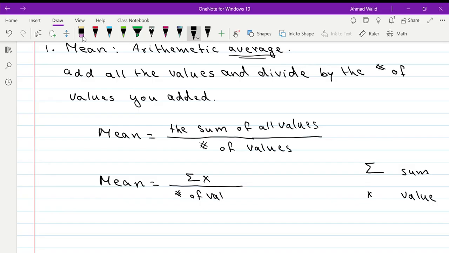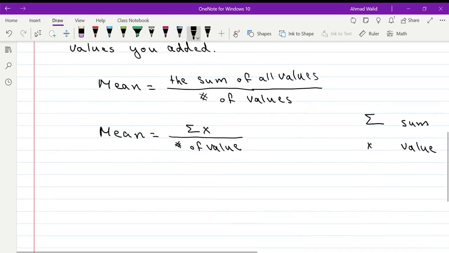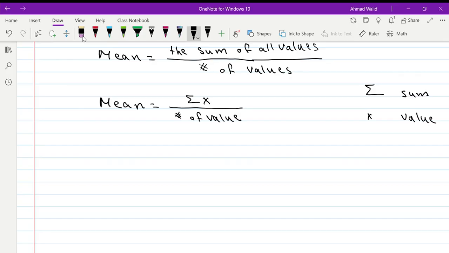You may ask me why I don't put a notation for the denominator. Before that, I want to give you some small notes, or notations, that you should know. The first one, sum: sigma means sum. X, values, correct? Now, n: you can use lowercase n for the number of values if you are dealing with a sample.